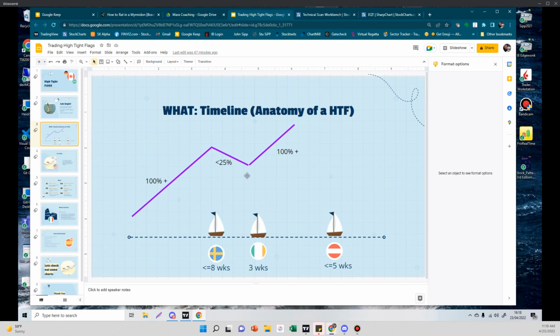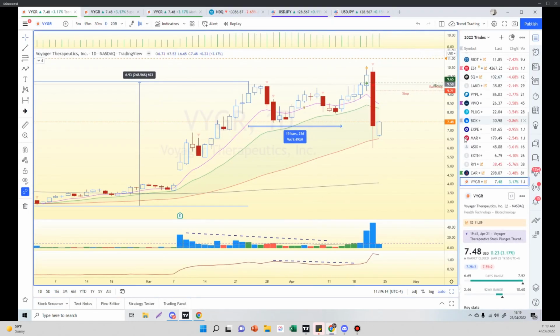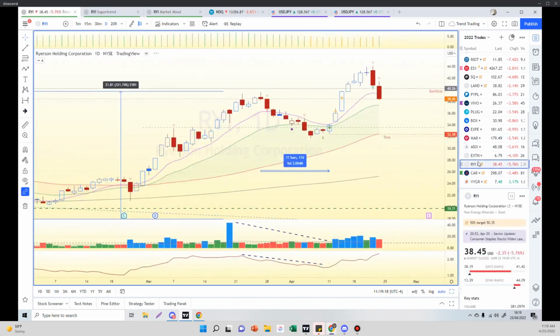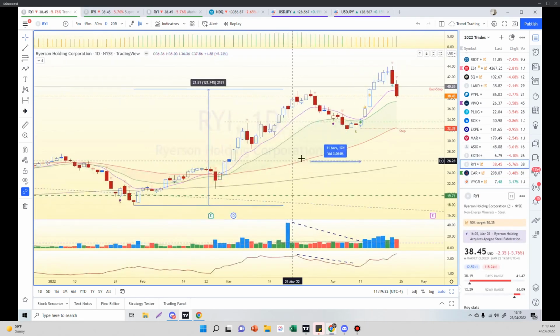Yeah, I guess I was just thinking that it might hug the 21-day or something like that. Oh yeah, they often do, and that's my favorite place to buy them, to be honest. If I was to bring up TradingView, it's not the greatest example of that one. But this bit here is a really good example.